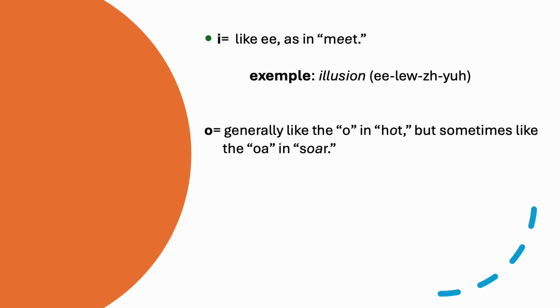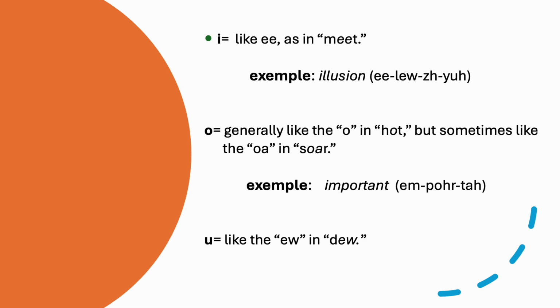Illusion. O is generally like the O in hot, but sometimes like the OA in sore. Exemple, important. Important. U is like the U in do. Exemple, légumes. Légumes.